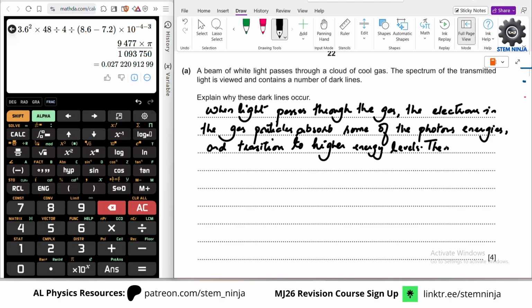The energies absorbed are equal to differences in energy levels.